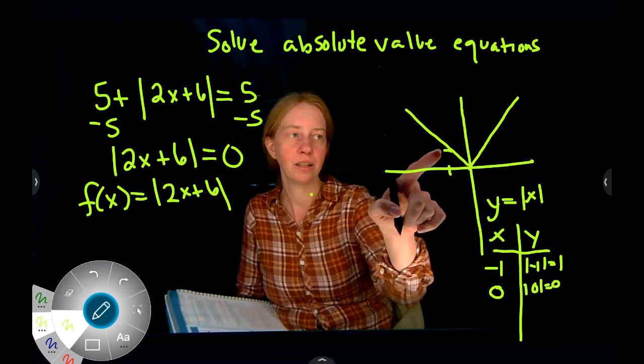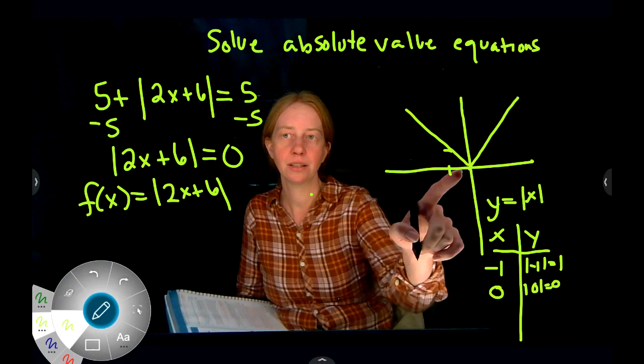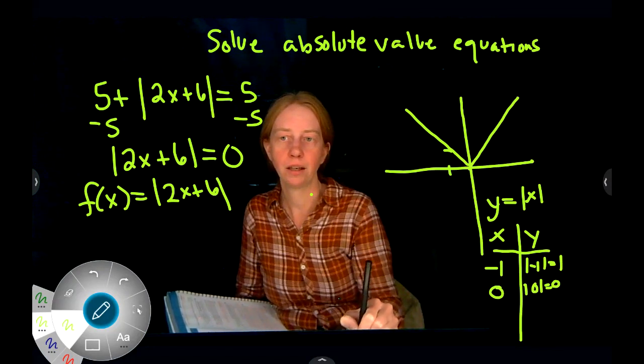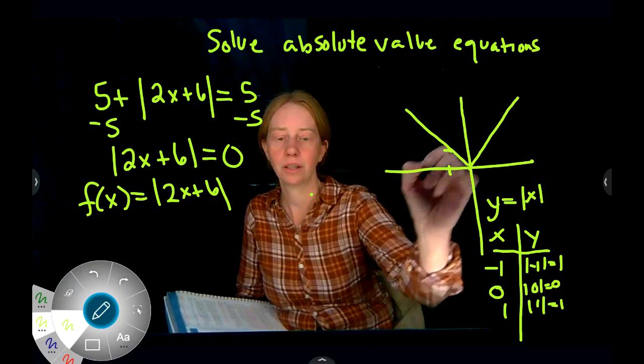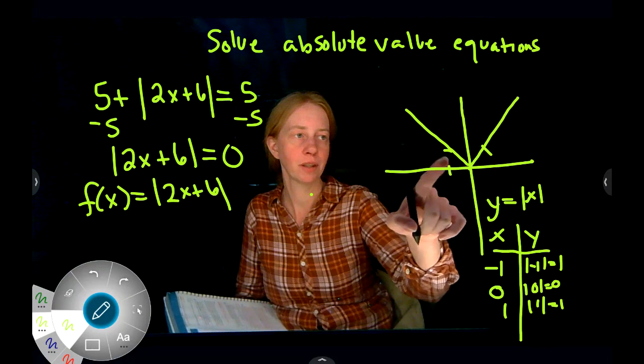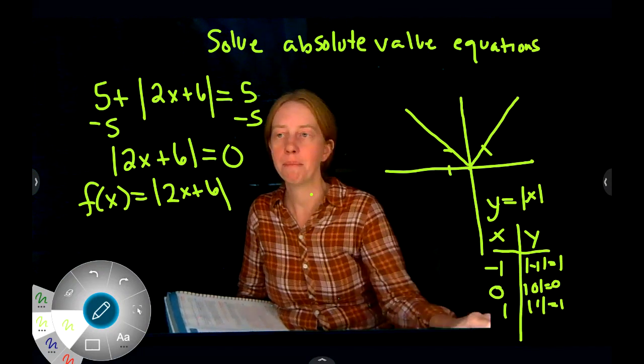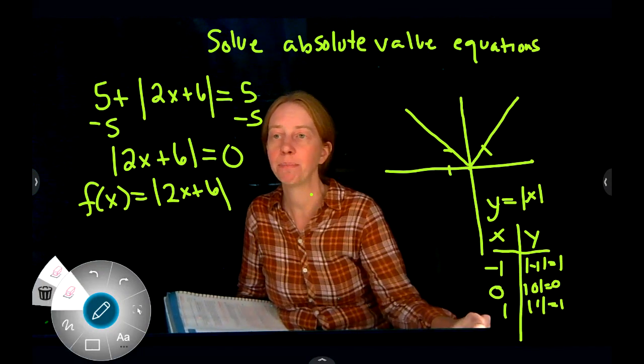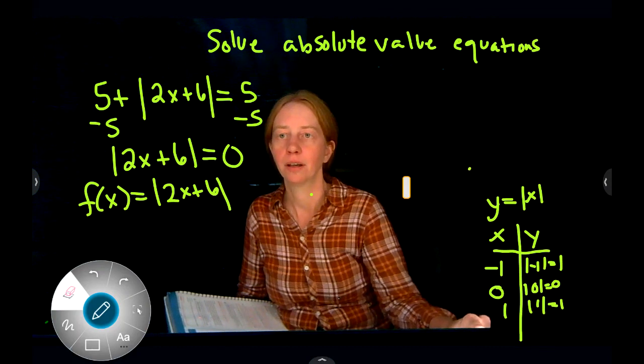For x equals 1, the absolute value of 1 is 1, so here's our other point. That's the main graph, which we call a parent graph.